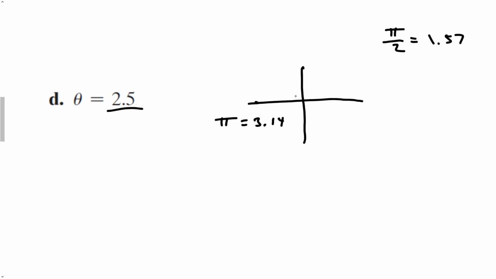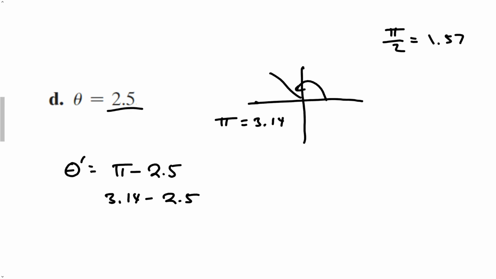That means that 2.5 radians is something like that. It also means that the formula for my reference angle, since I'm in the second quadrant again, is pi minus theta. 3.14 minus 2.5 gives me about 0.64. Okay. So, again, the hardest piece about finding reference angles is knowing what quadrant you are in.